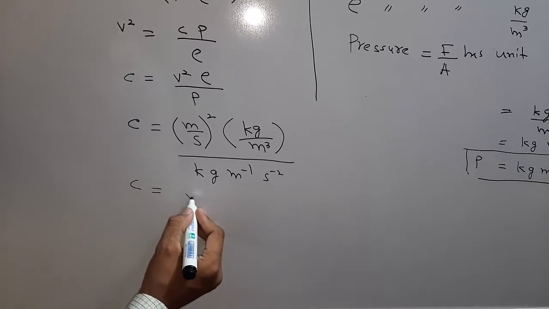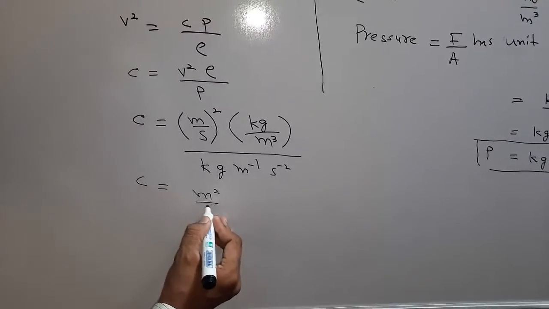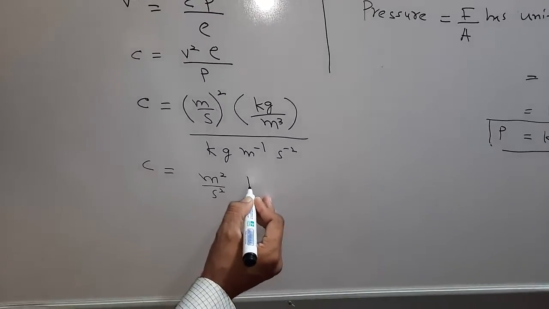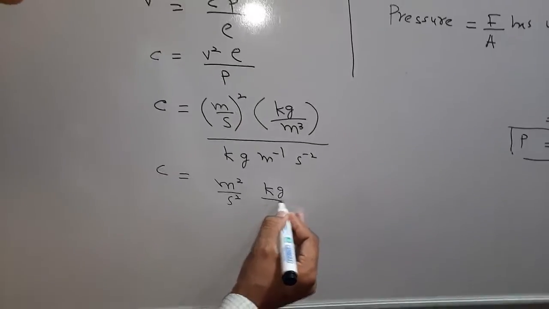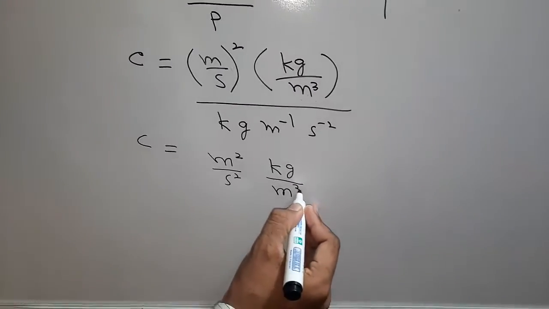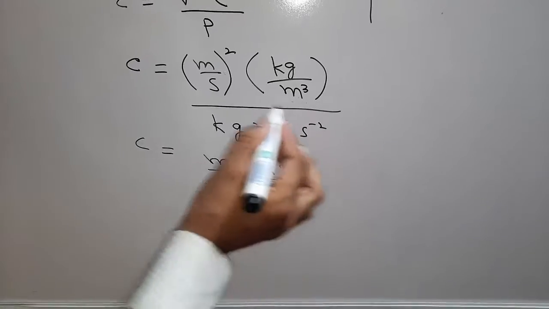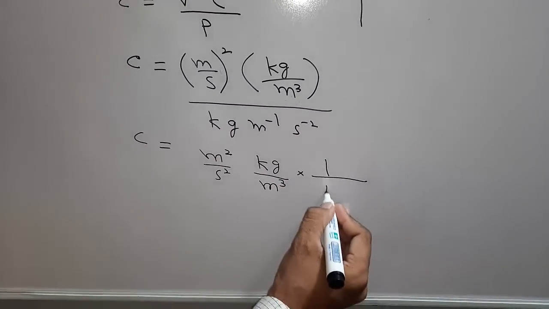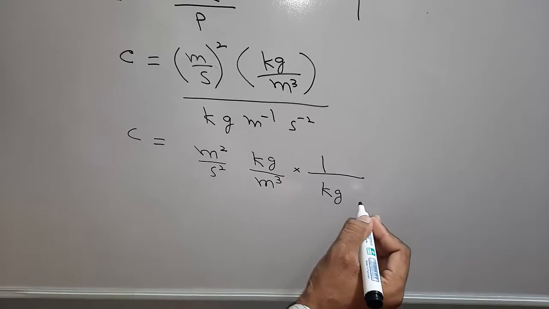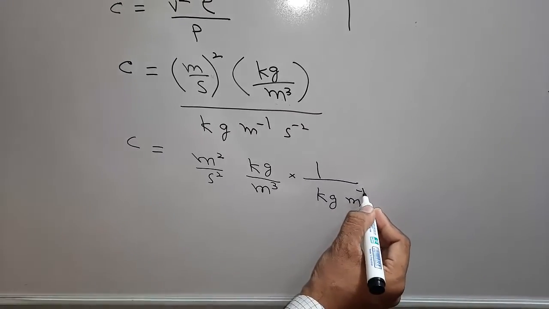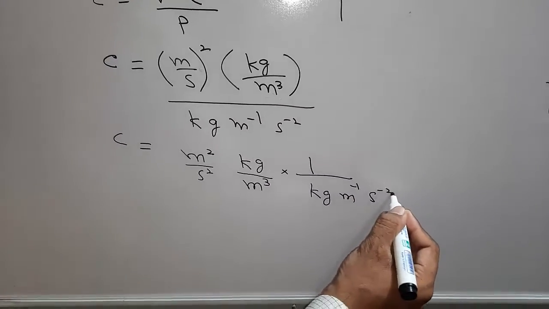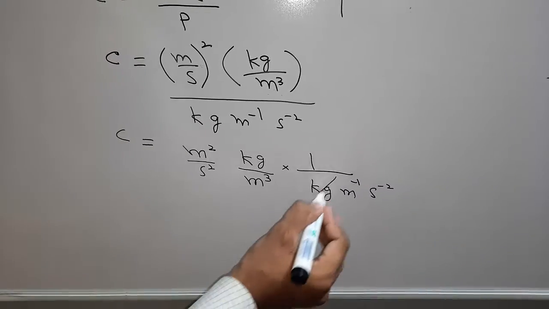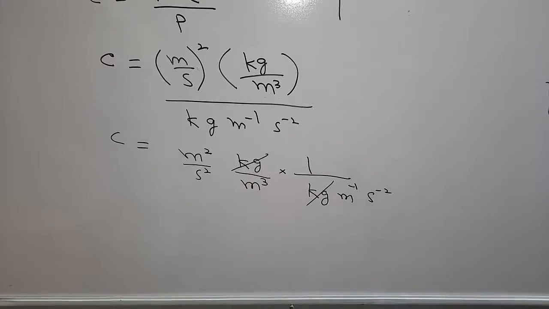Now we will open the square of this meter per second, meaning it becomes meter square over second square, multiplied by kilogram over meter cube, and this third term we can represent as the second term, meaning 1 over kilogram into meter power minus 1 and second power minus 2.